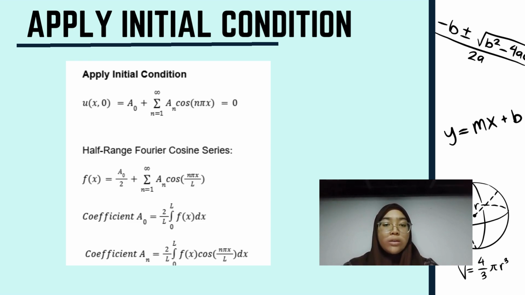To find a naught, the formula is 2 over L integrate 0 until L f(x) dx. To find coefficient a_n, we will use the formula 2 over L integrate 0 until L f(x) cos n pi x over L dx.